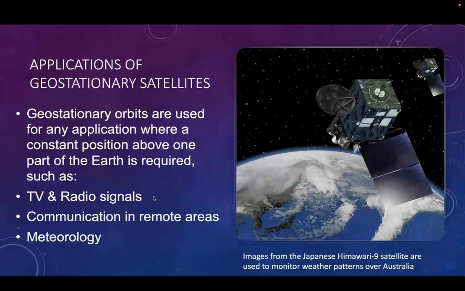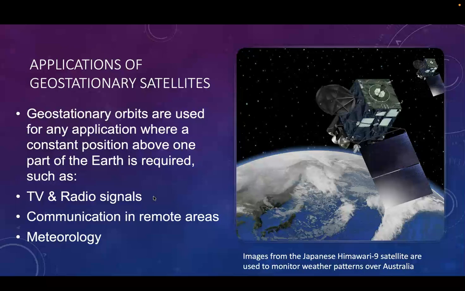That could be TV or radio signals. That's not such a big deal anymore, but in the old days, because these days we get a lot of our TV and radio through Wi-Fi, right? If you want to listen to music, you do it on Spotify. If you want to watch shows or movies, you do it on Netflix. So this is all coming through the internet for most people, either through fixed cable internet, like the NBN, or through mobile internet, like 5G.